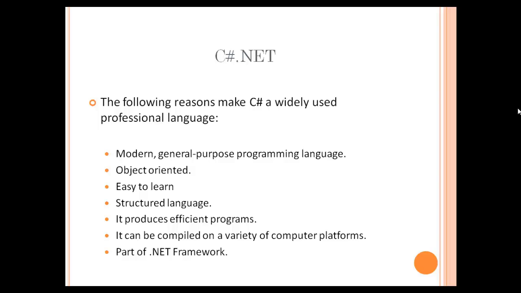It's a structured language. It produces efficient programs. It can be compiled on a variety of computer platforms. And C#.NET is a part of the .NET framework. All these are the reasons.